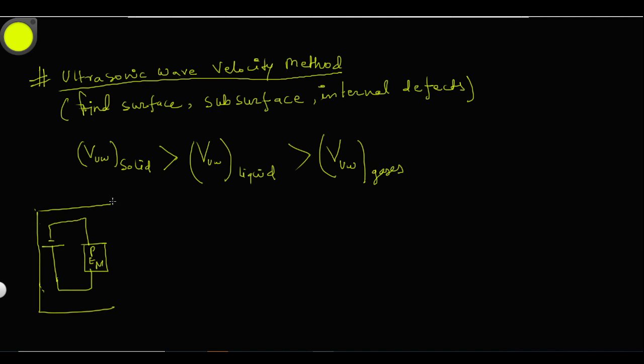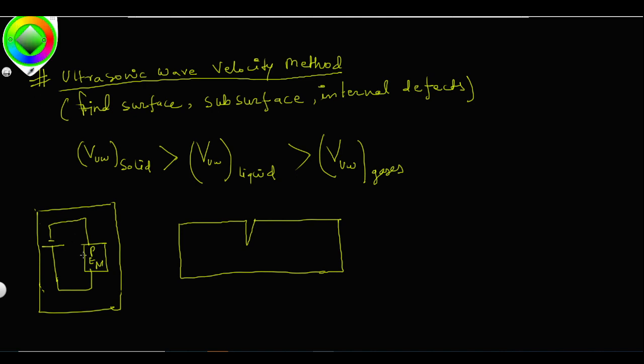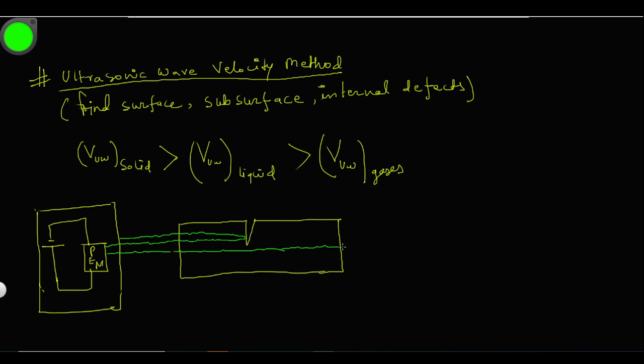This is one device, and by using this we put the metal which has a defect to detect the defect location, and this piezoelectric material generates ultrasonic waves. So these are the ultrasonic waves. So it deflected back. These are the ultrasonic waves generated from the piezoelectric material.